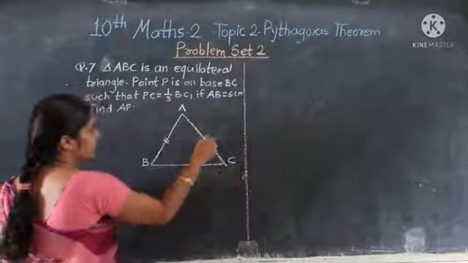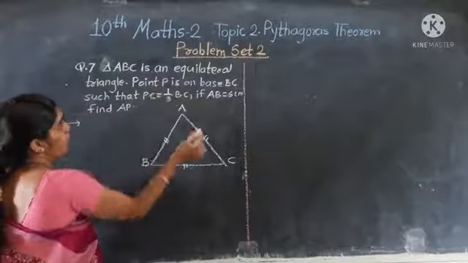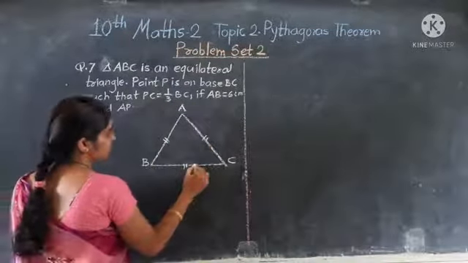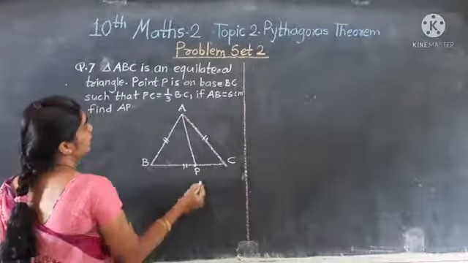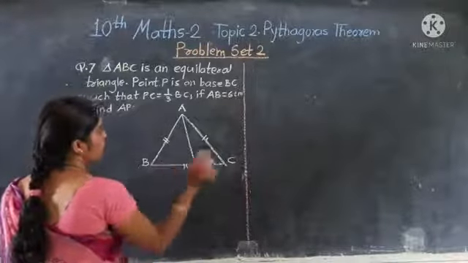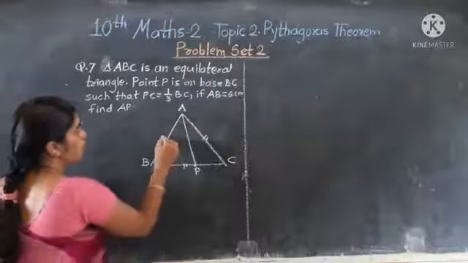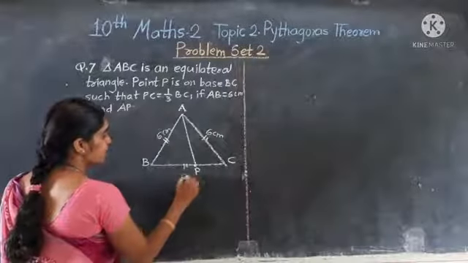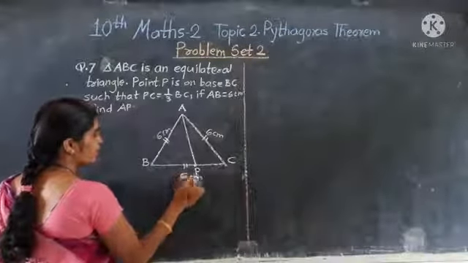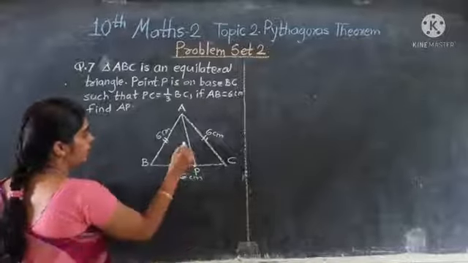Point P is on the base BC such that PC is equal to 1/3 of BC. And AB is given 6 cm, which means all these sides are 6 cm. We have to find AP.